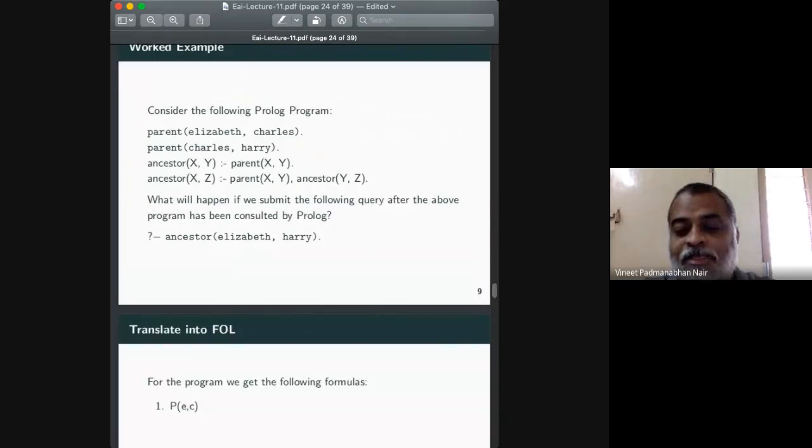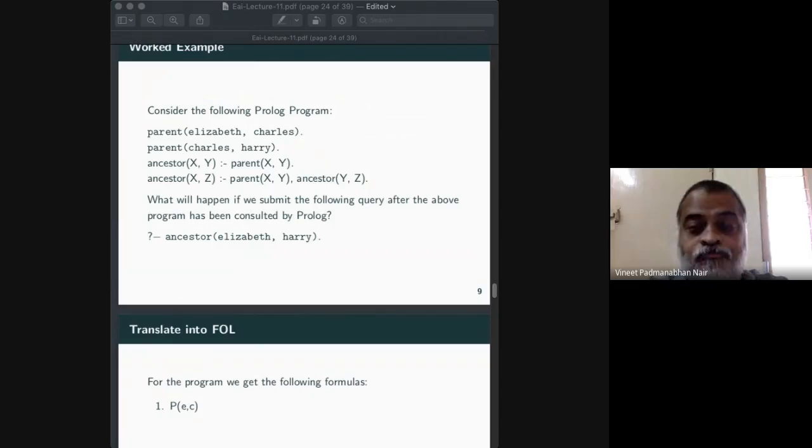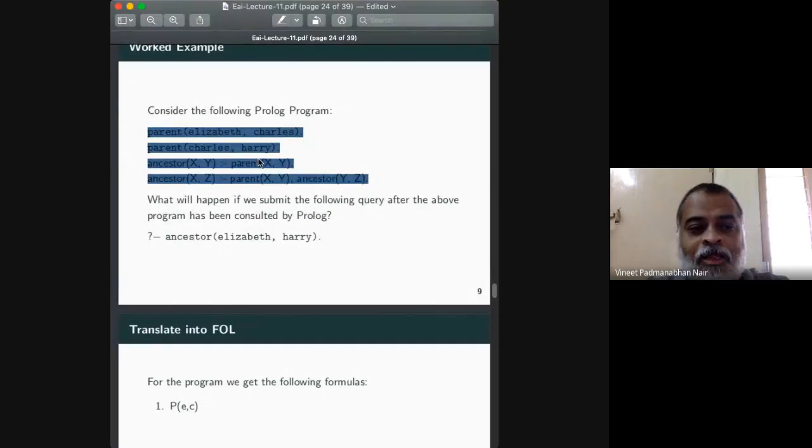Okay, so let us see, maybe before that, I'm just typing in something, a file. I'll just copy this in. I don't know whether from the PDF, let us see.